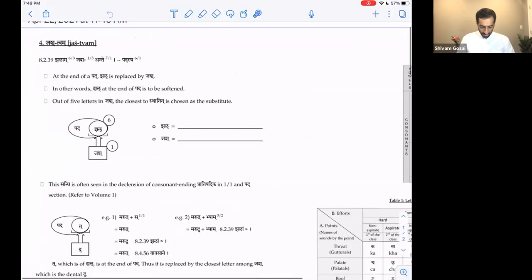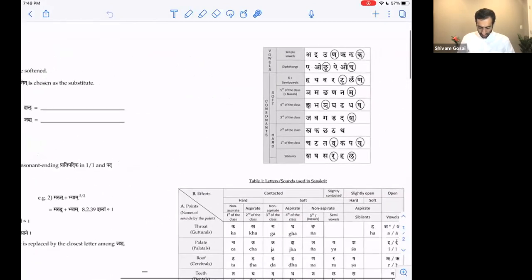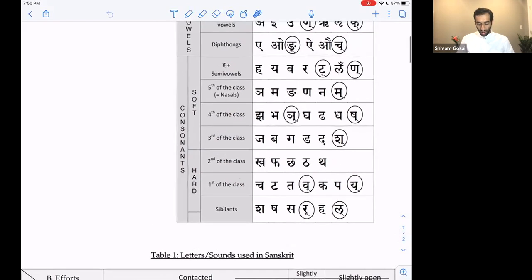So we need to look at our Maheshwara Sutra. Jal is ja to la, so that's all of this: 4th, 3rd, 2nd, 1st class, and sibilants. Essentially, all of the consonants except for nasals and semivowels.